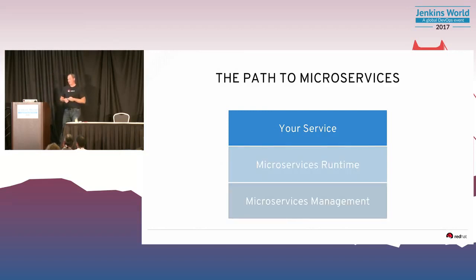First, we'll start with your service. Generally, a microservice is your business logic, a runtime that supports it, and then a management layer which manages all of the microservices together. So we're going to start at the top with your service.